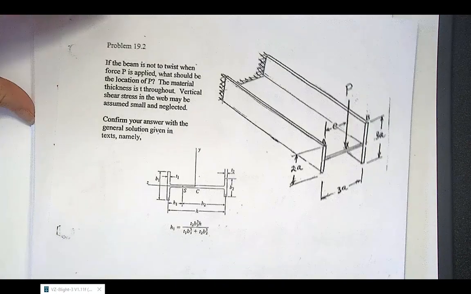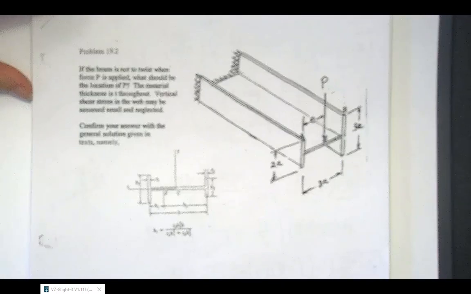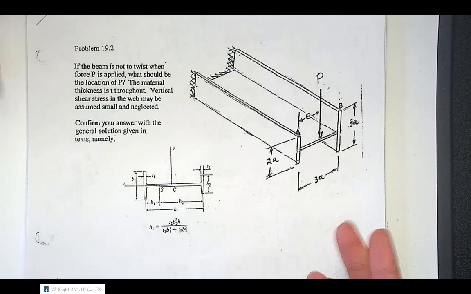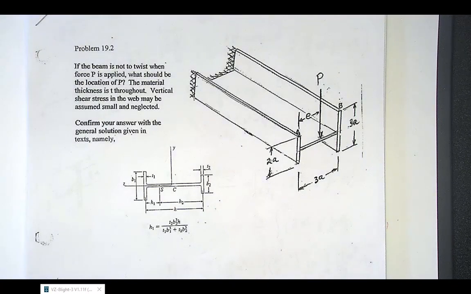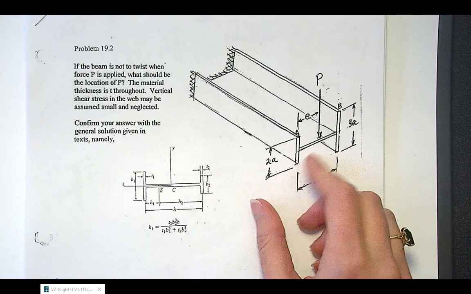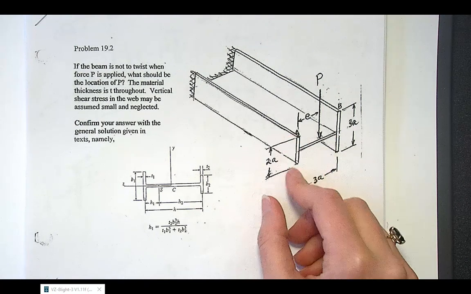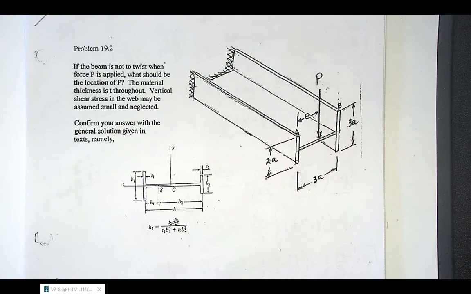Got problem 19.2, you can tackle this one now. Basically, got this horizontal, kind of eye shape, but have different flange lengths. And you want to find the shear center, basically. Where should P be applied to avoid twisting? So same thickness T in every segment.